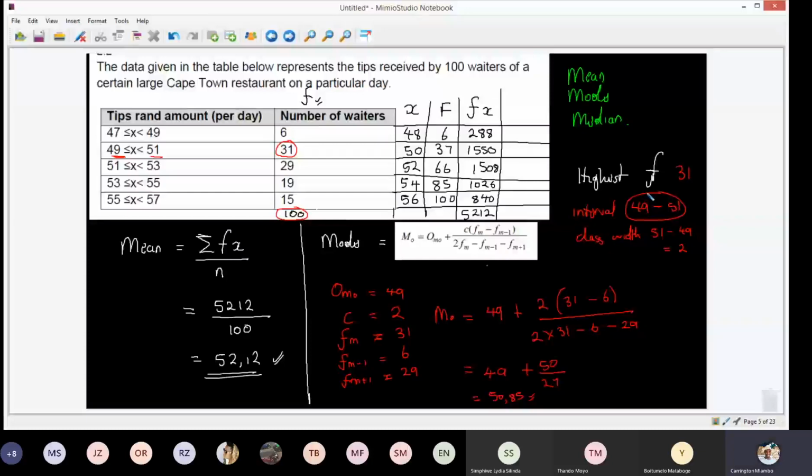Let's go to the median. This is the mode. Now we need to go to the median. Then the next question, you are going to do it on your own, and I'll give you about 5 minutes to complete it. Okay. So I'll just show you the formula for the median.